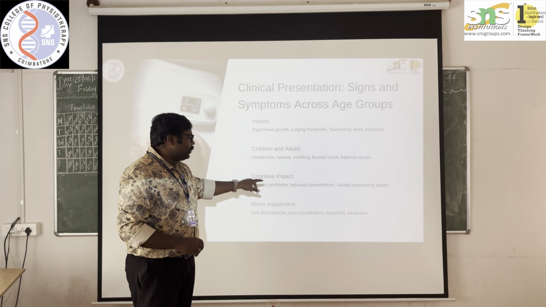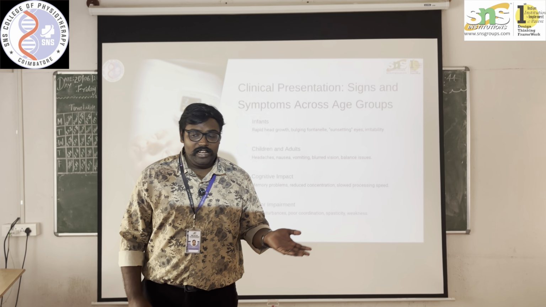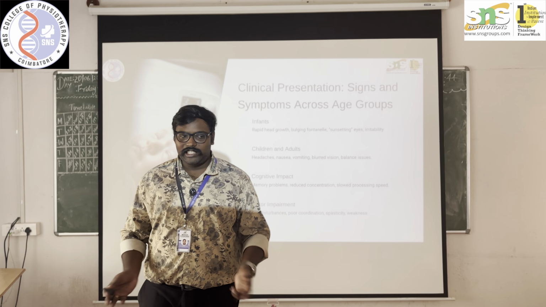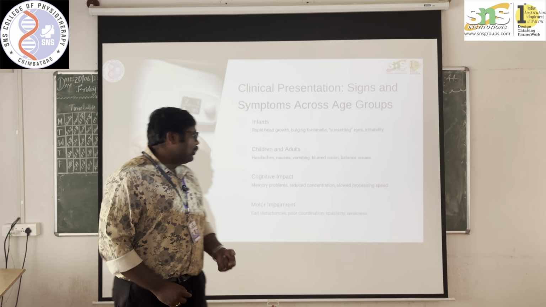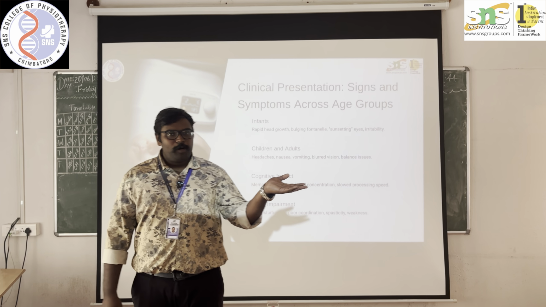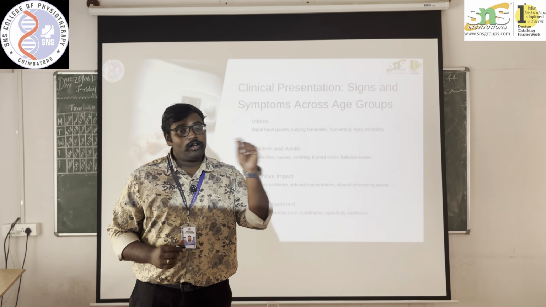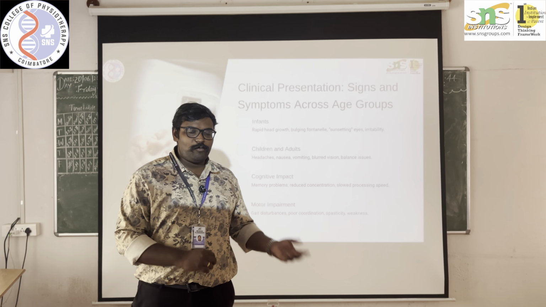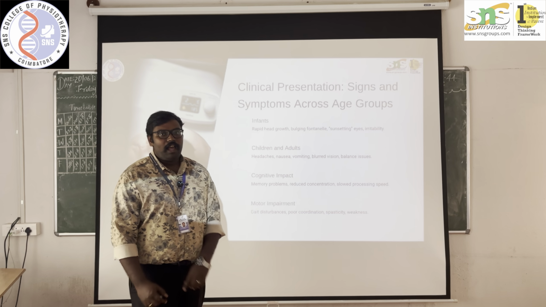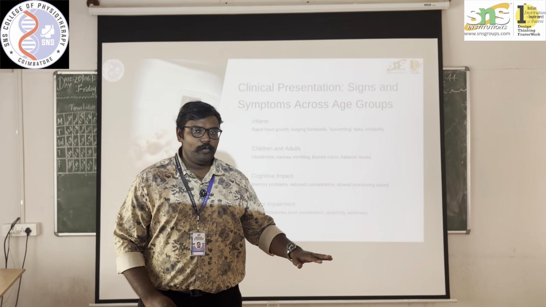Now children and adults have headache, nausea, and vomiting. Headache will occur, and the vomiting sensation is called nausea, and in the final stage vomiting will occur. For the cognitive impact, with CSF production, circulation, and absorption going imbalanced, the cognitive thinking, fine motor, gross motor, concentration, and processing speed will all go lower.